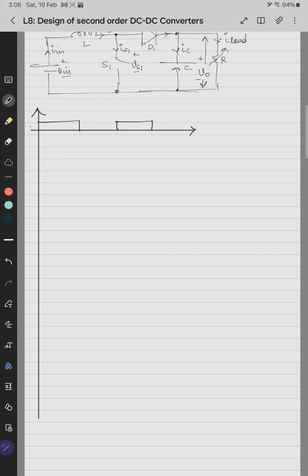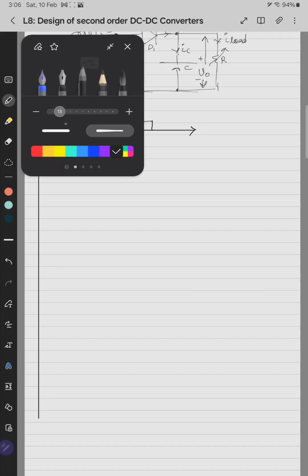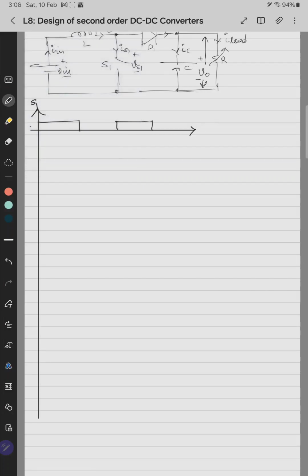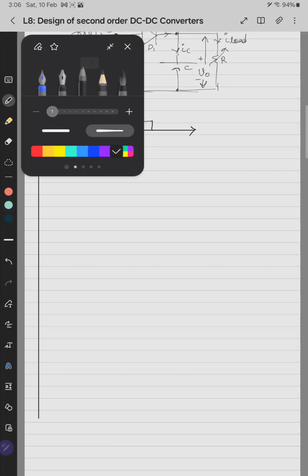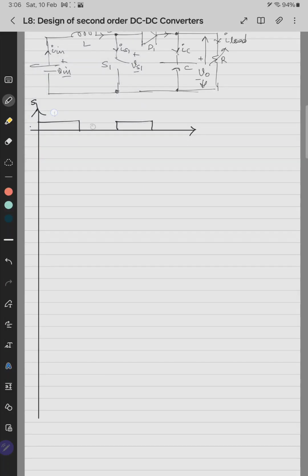I'll draw only two pulses. This is the switching pulse to S1. This is 1, 0. Again 1, 0.